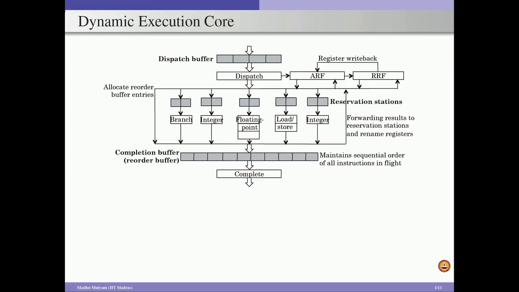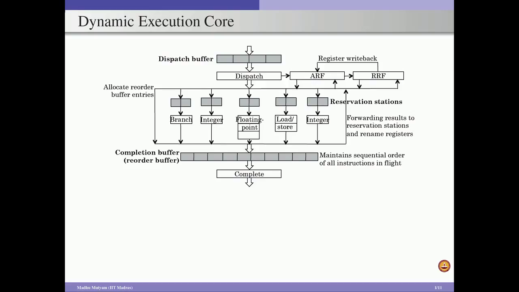As a result, the instructions can finish their execution in different numbers of cycles. An instruction can be issued to a functional unit only when both of its operands are ready as well as the functional unit is free. If any of these things are not ready or available, then we cannot issue that instruction to the functional unit.